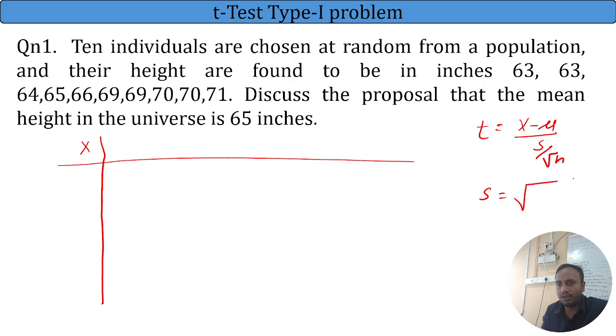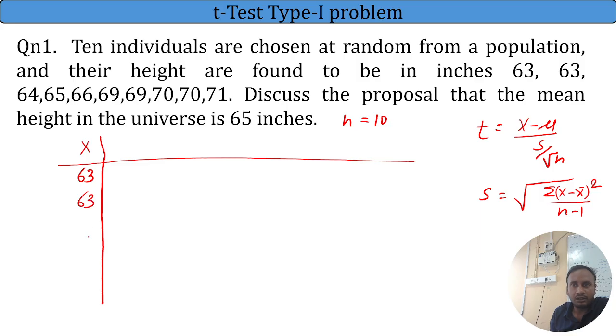S we will calculate like this: square root of summation of x minus x bar whole square upon n minus 1. Is it? So here we have n equal to 10. So first we have the x. I'll solve also; parallelly, you can do it also.